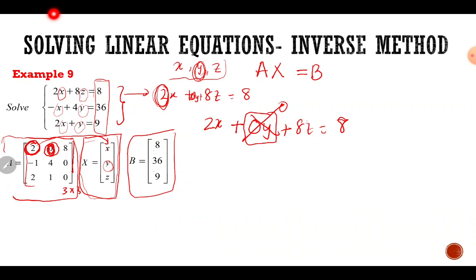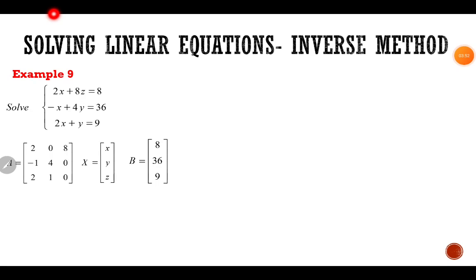And then the third column is the constant for variable z here, which is 8. Okay, so let's check. Do you see? 2 we multiply with x, 2x plus 0y plus 8z. So that's why it reduces to 2x plus 8z equals 8. Okay, I hope everyone can understand.